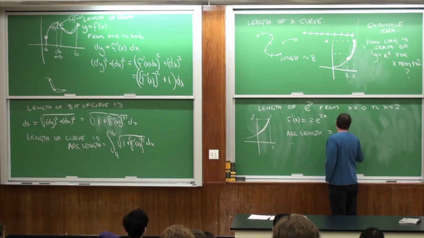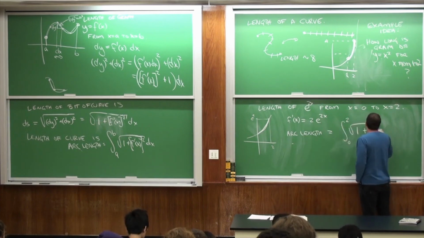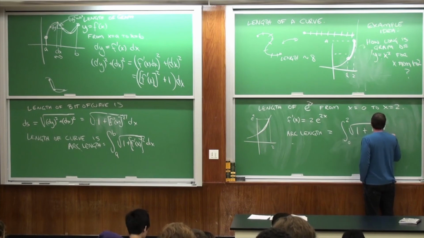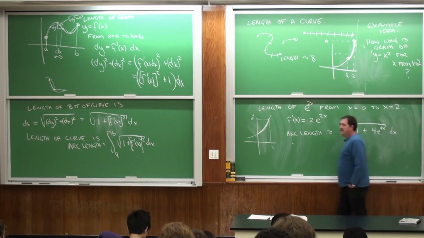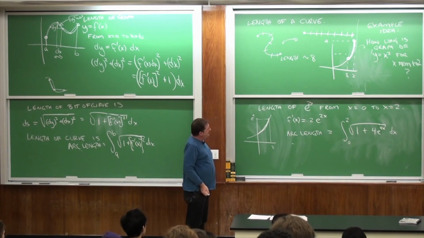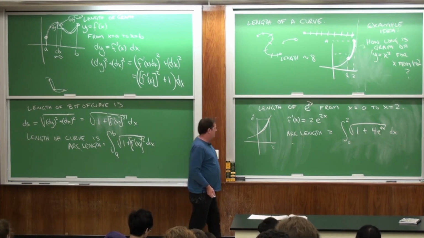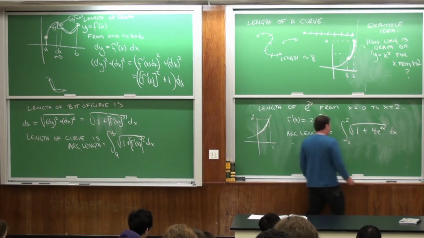I want to go from where I start to where I end, square root of 1 plus the derivative squared, 4e to the 4x dx. Now I can't do anything with that integral. Well, actually, can I? Let's see. If I let u be 1 plus 4e to the 4x, actually maybe I can do this one. Can I?